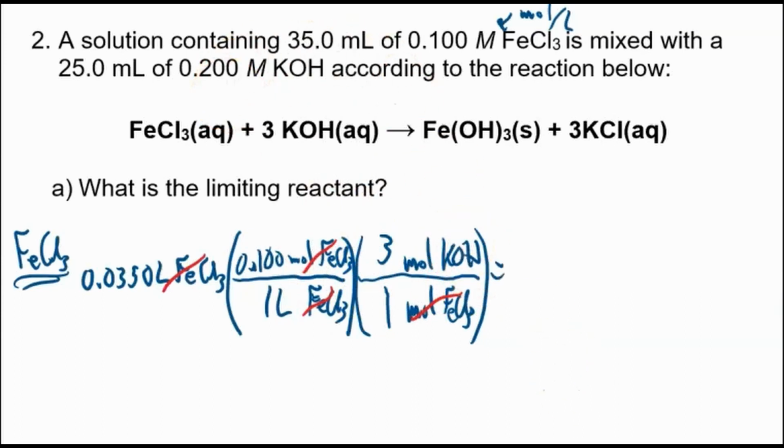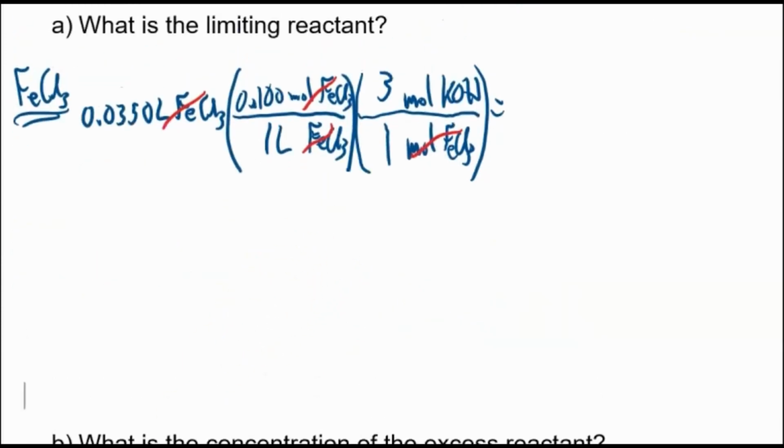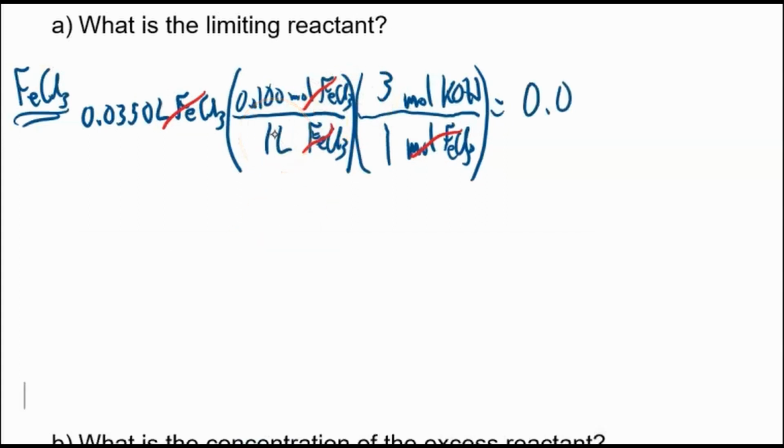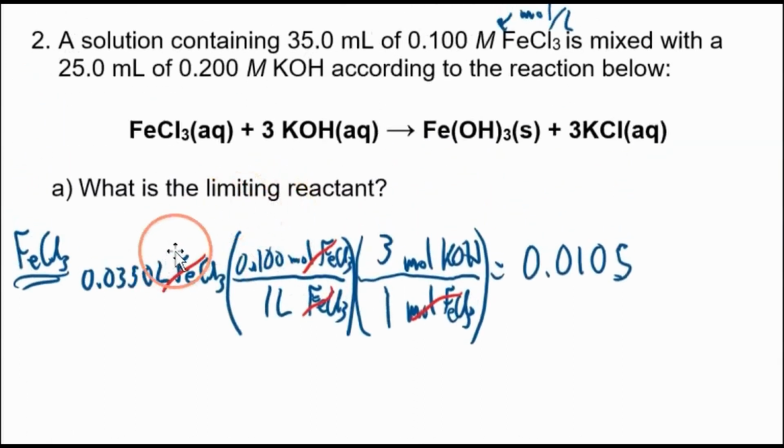So we have moles of KOH, and we can find out how many moles of KOH we have. 0.035 times 0.1 times 3, 0.0105, and we had 3 sig figs as before. Okay, so that's how many moles of KOH we need.